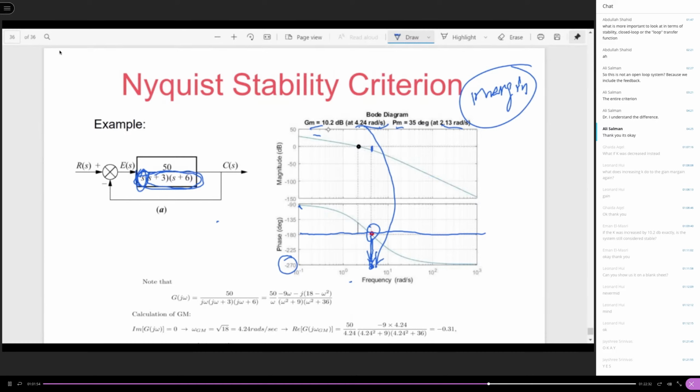Then you calculate this. The gain margin is calculated as 10.2 dB, which means that the magnitude here is negative 10.2 dB.